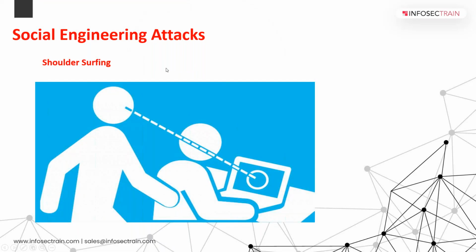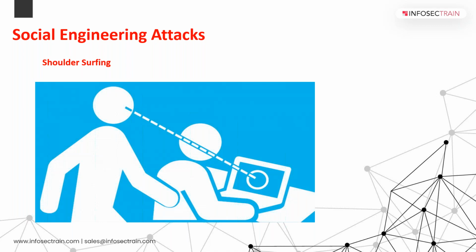Then we have shoulder surfing. Okay. Now, again, shoulder surfing refers to the act of observing personal or private information directly. I'm sitting at my desk, I'm accessing some account. Let's suppose I'm trying to log in to a particular website or web server.